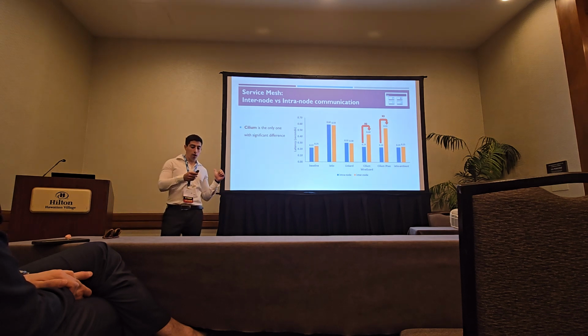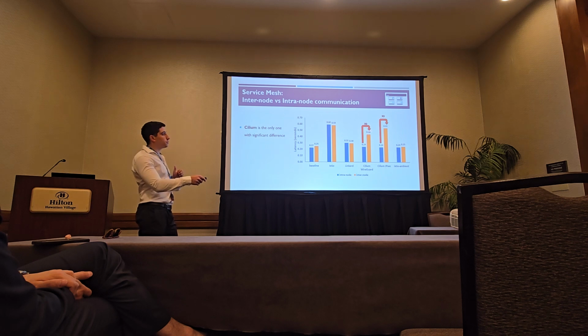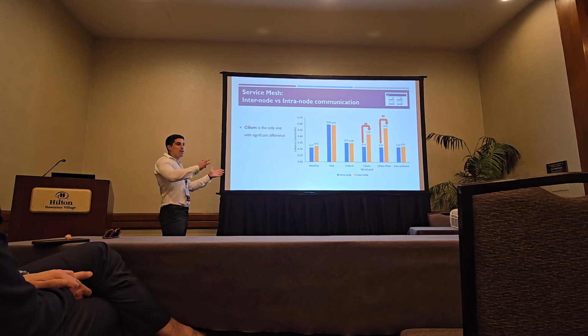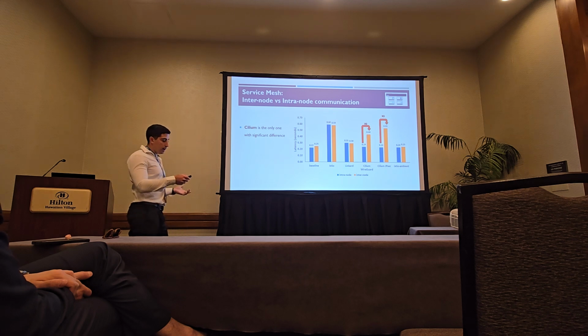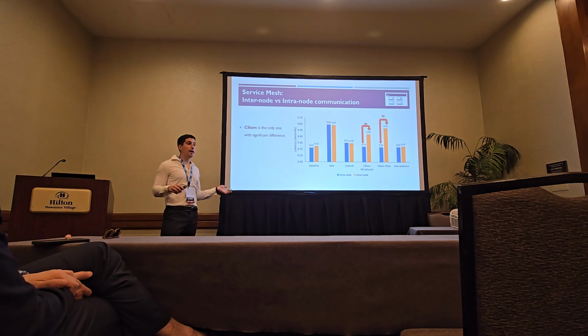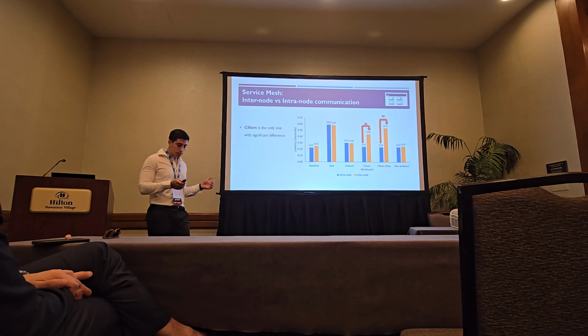So as we saw before, the worst case. If we did the same comparison with Istio in the intranode, it was first in latency, with a tie with Istio ambient, as you can see.